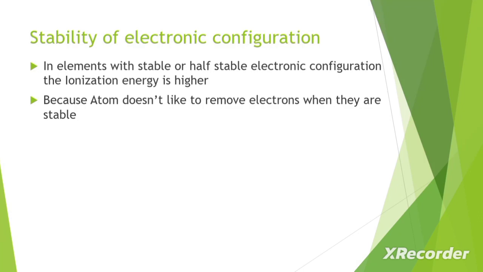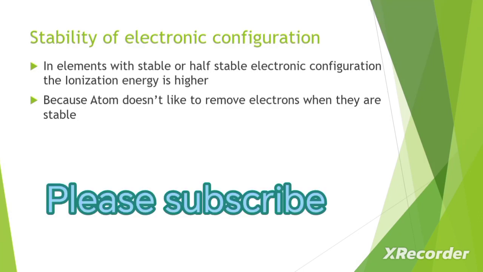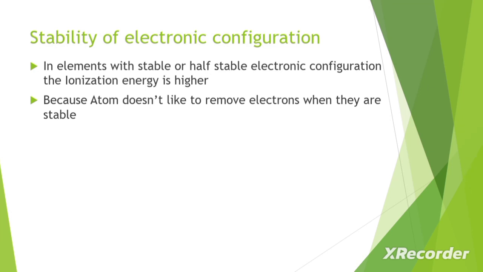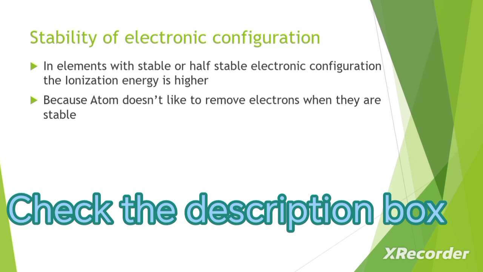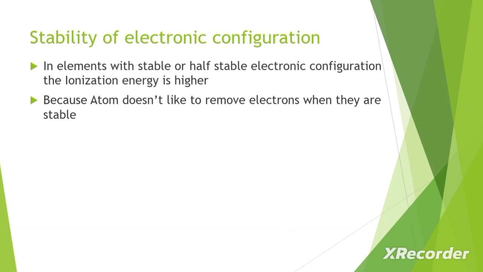Another factor affecting the first ionization energy is stability of electronic configuration. So think like atoms are you. When you're stable, do you want to let go of your stability? You never do it, right? Like that, atoms like their stable or half stable conditions.